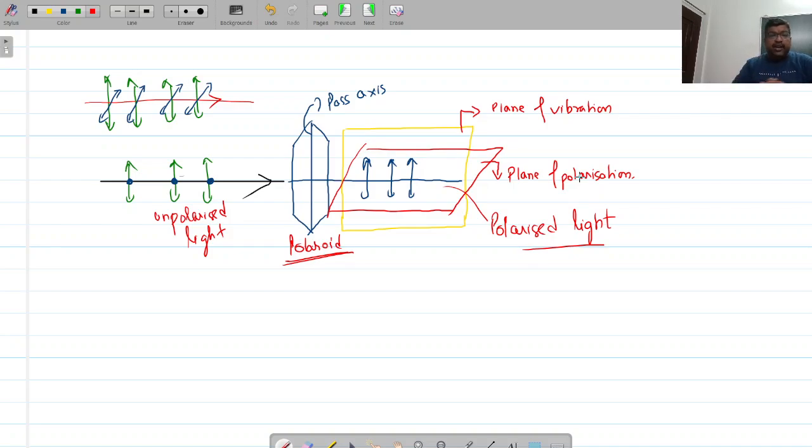Unpolarized light means the ordinary light where vibrations are taking place randomly in all directions. Here, after the unpolarized light passes through this Polaroid, the light is polarized. A Polaroid is also called a polarizer because it is polarizing the light.